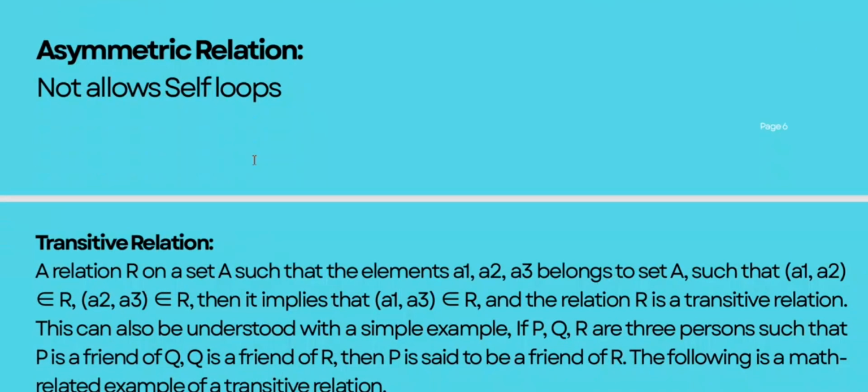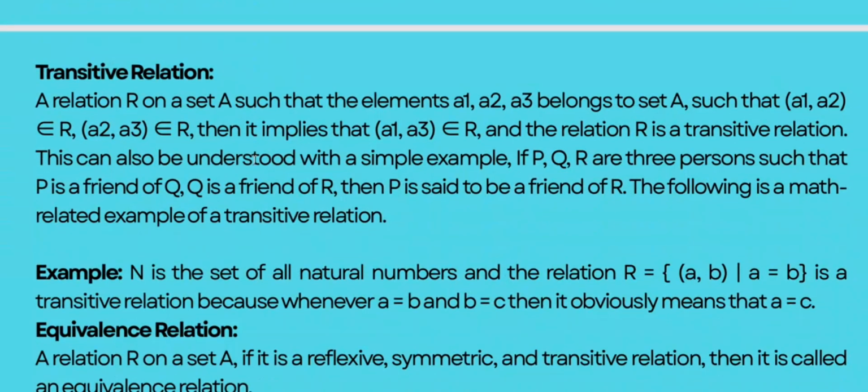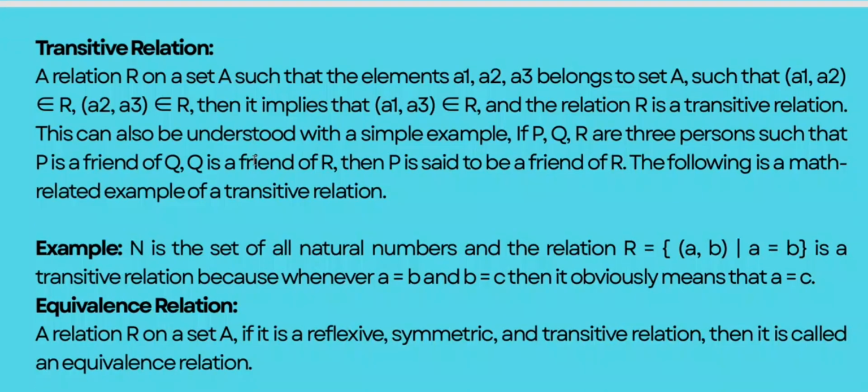Next we will go for transitive relationship. So what is called transitive relationship? If I have a set A holding the elements A1, A2, A3, the transitivity relationship is: if A is equal to B and B is equal to C, then indirectly I can tell A is equal to C. Yes or no?